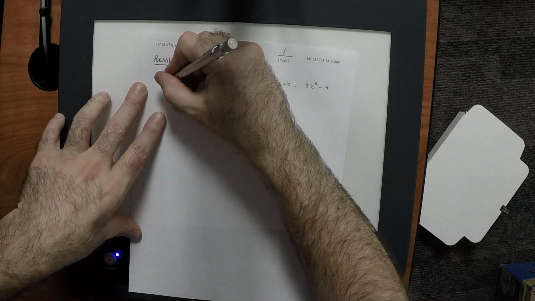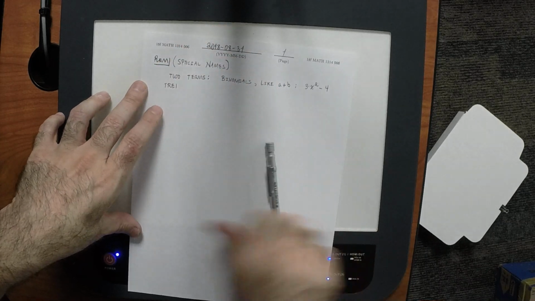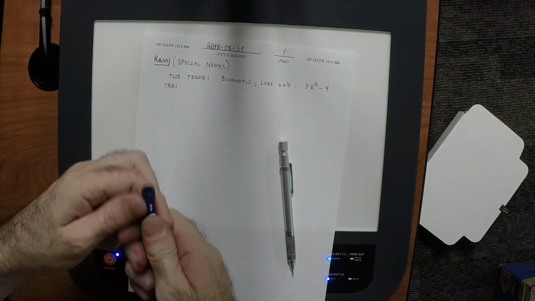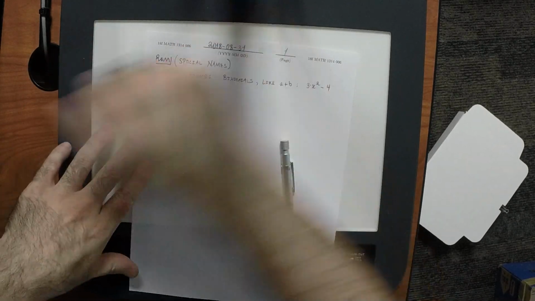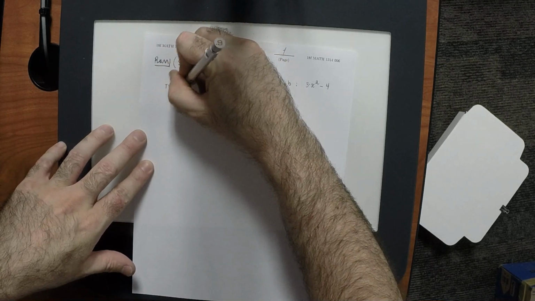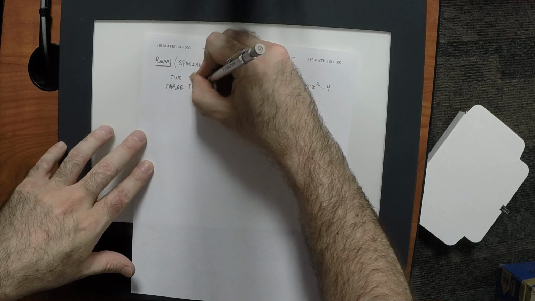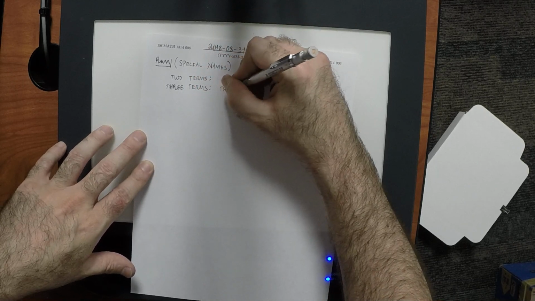All right, if there's three terms, that one also has a special name. 3 has an h in it. So that's called a trinomial.